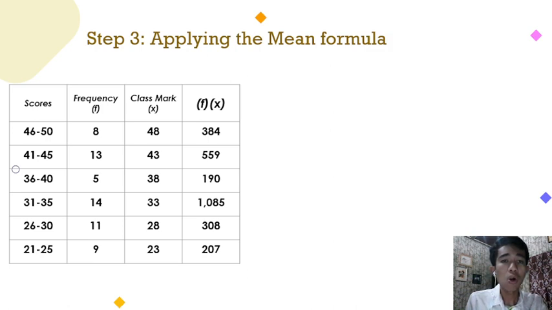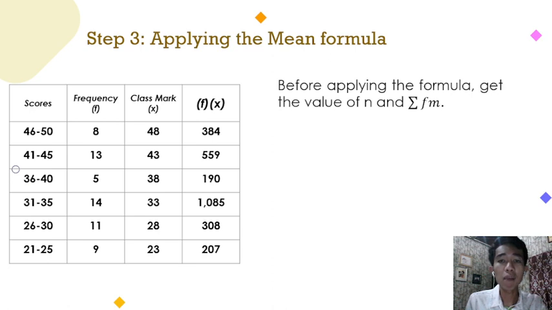Now we are about to apply the mean formula. But before applying the mean formula, we need to get the value of n and the summation of fm or fx. Our value of n is 60, which is the summation of all of the data under the frequency: 8 plus 13 plus 5 plus 14 plus 11 plus 9 is equal to 60.